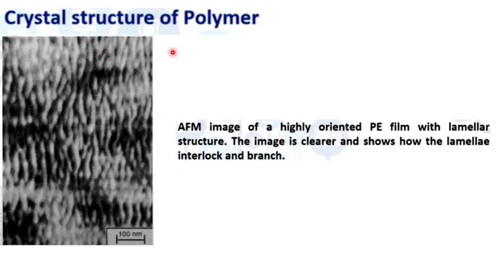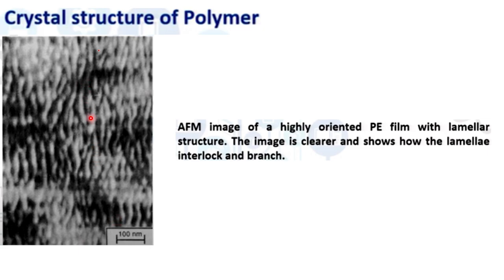And through AFM, I can also get the idea about the crystal structure of polymer. That's why it is very important, because through optical microscopy it is a little difficult, since we know that maximum magnification we can go up to lambda by 2. Here, at very high magnification, 100 nanometer scale, we are taking the image.